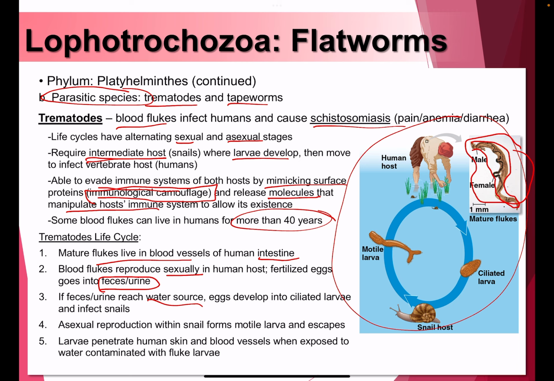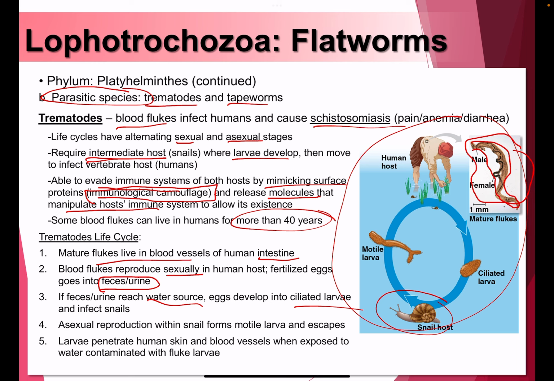So let's say someone infected with blood flukes poops in the ship or the yacht, and then that feces and urine was disposed into the lake. Now those fertilized eggs are free to roam, and they will become ciliated larvae and infect snails if there are any snails around.